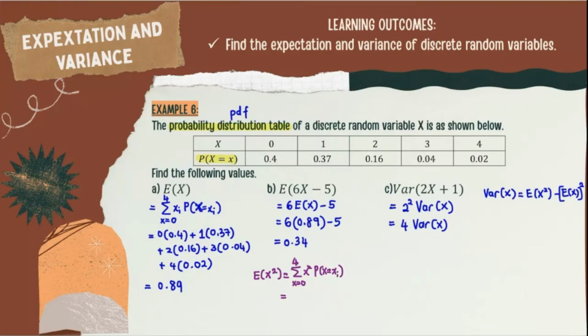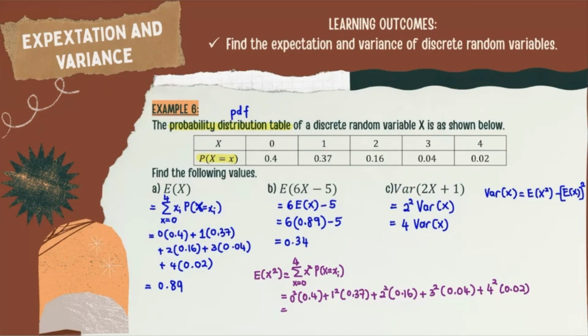So that means first 0 squared multiplied by 0.4 plus 1 squared multiplied by 0.37 plus 2 squared multiplied by 0.16 plus 3 squared multiplied by 0.04 plus 4 squared multiplied by 0.02. Okay, so what will be the final answer here? I get 1.69.